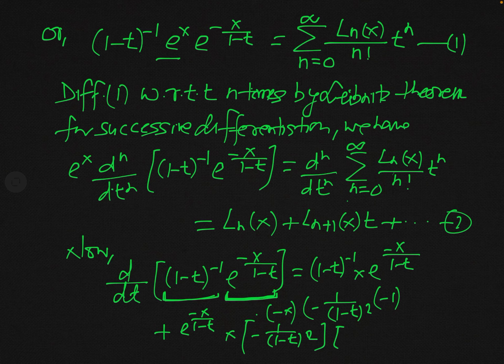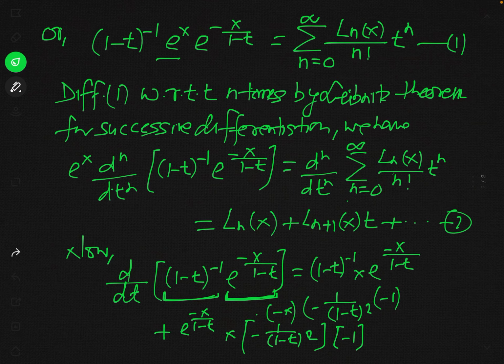Then we will differentiate 1 minus t, and the derivative of 1 minus t will be simply equal to minus 1. So this is the result after differentiating this function (1 minus t) raised to the power minus 1 times e raised to the power minus x over 1 minus t with respect to t.